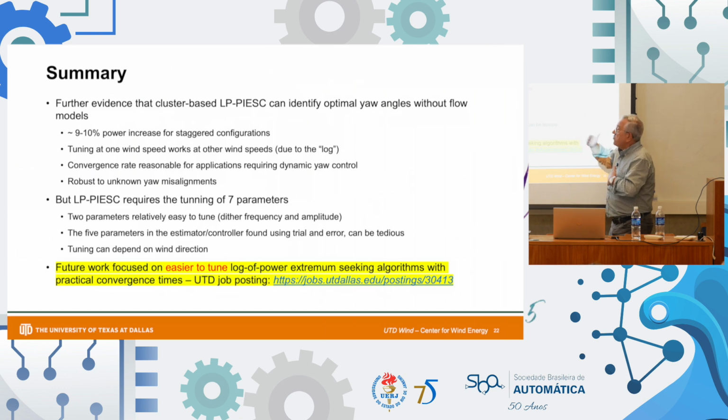Again, we have to tune parameters, and the tuning can depend on wind direction. So this is critical for us. And right now, I'm looking for a postdoc in order to help me complete a project where we are going to do a field test on a real machine, on a real farm, in order to determine how well things can work.